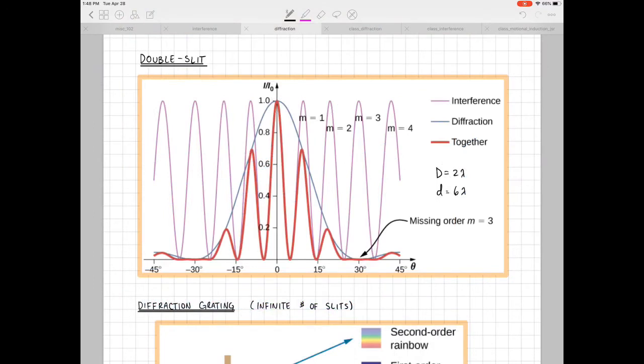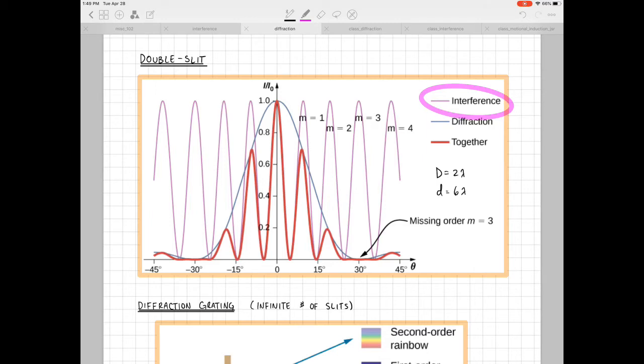All right, so let's return to the double slit, and we're going to now include a treatment for diffraction. In the previous video with interference, we ignored the fact that our slits have some physical width, and so when you ignore the width of your slits, you end up with this purple line here, just an interference pattern.